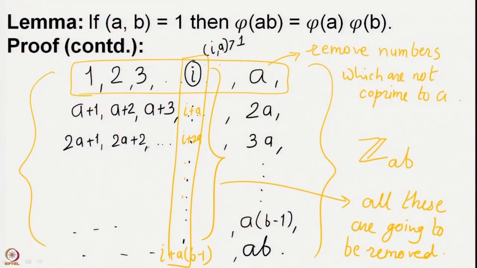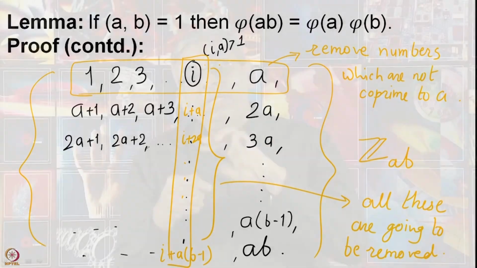First of all, you have B elements because there are B rows, and so you have say some J, then J plus A, J plus 2A, all the way up to J plus A into B minus 1, and no two of these can be equal, because J plus alpha A equal to J plus beta A modulo B will tell you that alpha A is beta A modulo B, but A is invertible modulo B being co-prime to B. So, it tells you that alpha is beta. So, the B elements that you have obtained, they are all distinct modulo B.